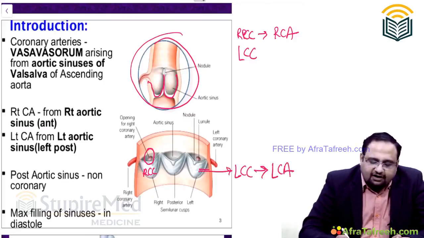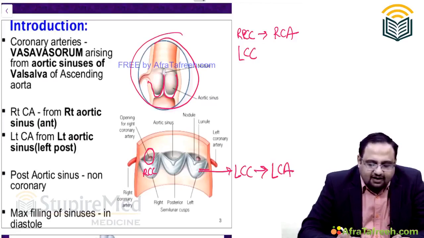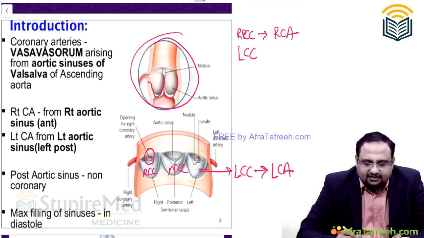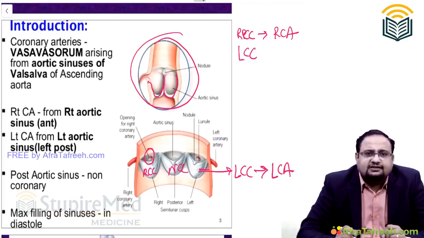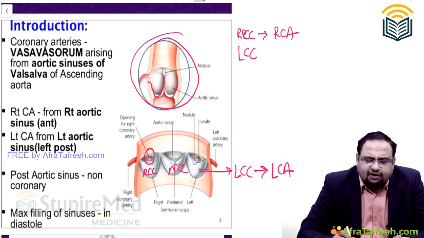The other cusp, again a little posterior, is known as the non-coronary cusp, because no coronary artery arises from it. Very rarely, anomalies can cause the right or left coronary artery to arise from this non-coronary cusp, but those are very rare.